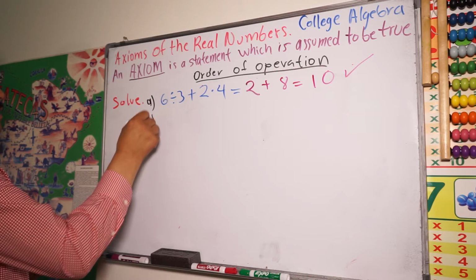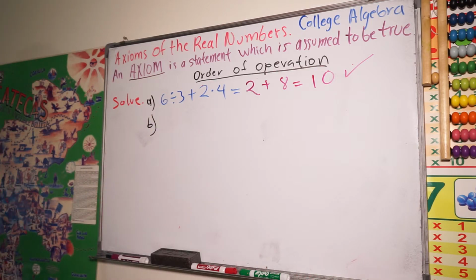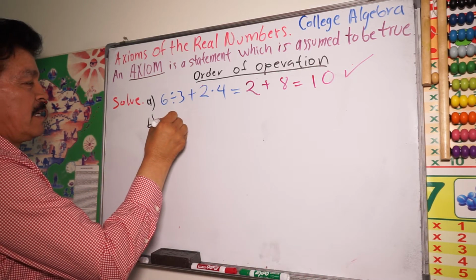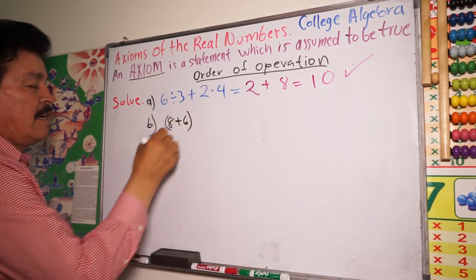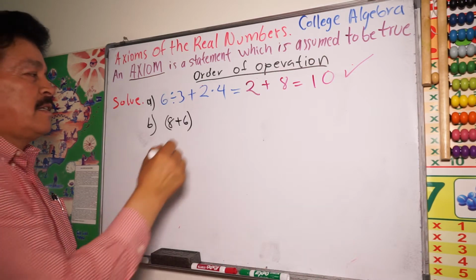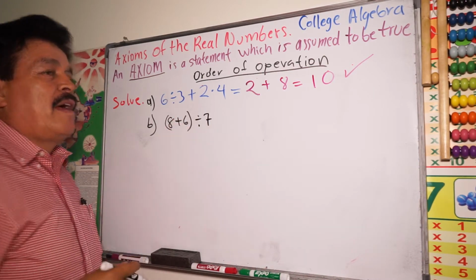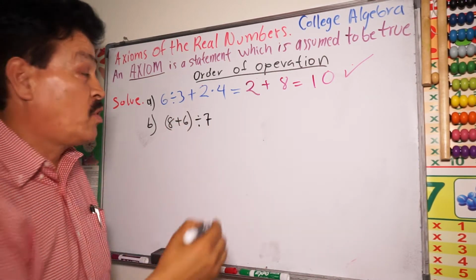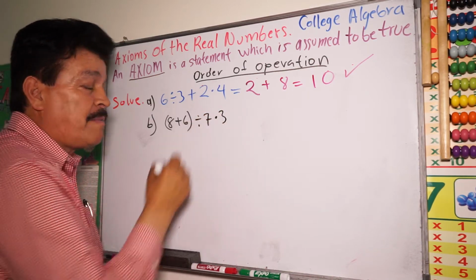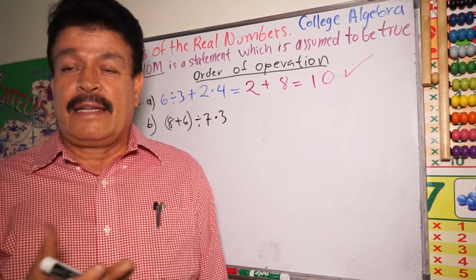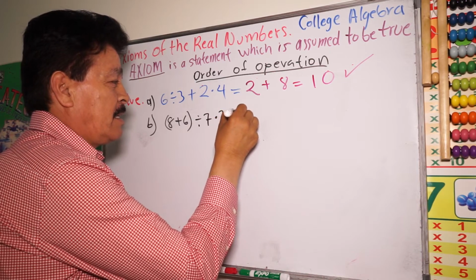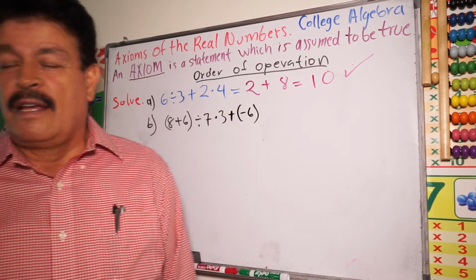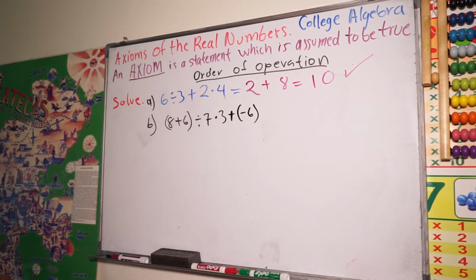Let's go on with one more problem here. Another one. Let me write (8 plus 6) divided by 7, and then times 3, plus negative 6, right? Okay, solve this problem. How do we solve it?